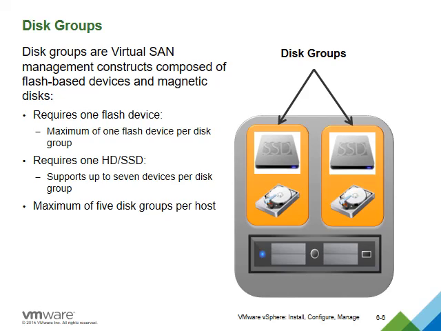The disk groups of all ESXi hosts in a virtual SAN cluster are combined to create a virtual SAN data store. The size of a virtual SAN data store is governed by the number of hard disk drives per ESXi host and the number of ESXi hosts in the cluster. The virtual SAN data store is used to store virtual machine files, including virtual machine disks, or VMDKs.